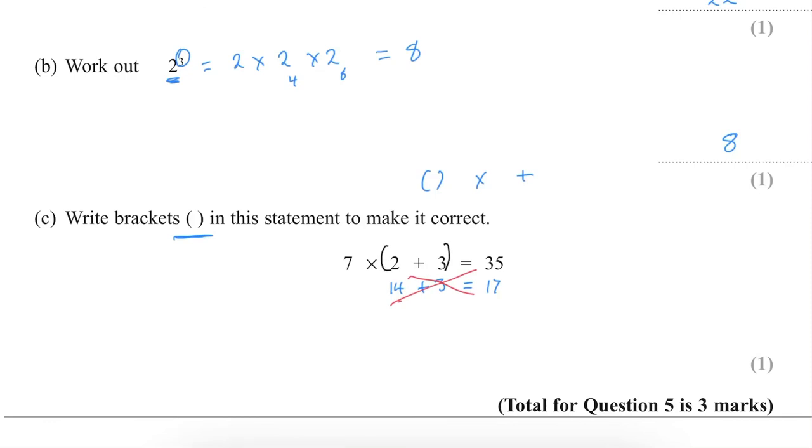Let's try that. 2 plus 3 is 5. 5 times 7 is 35. So I'm going to put the brackets here to add the 2 and the 3 first. So you can change the order of operations if you need to by putting brackets in the sum. And that's the first 5 questions.